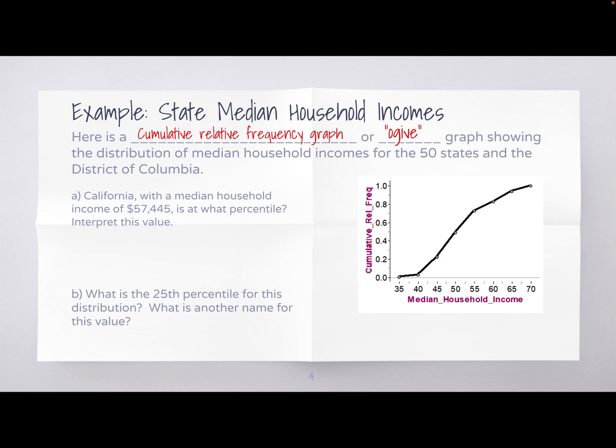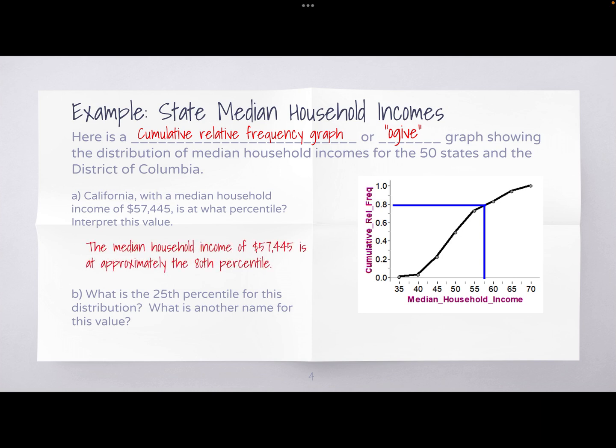What percentile is that, and interpret this value. So we're going to go to our household income, go to about 57.5. Okay, that's right there. Then you go up and find where it is on the graph. Then you go over to find the percentile. So it looks like it's at the 80th percentile.